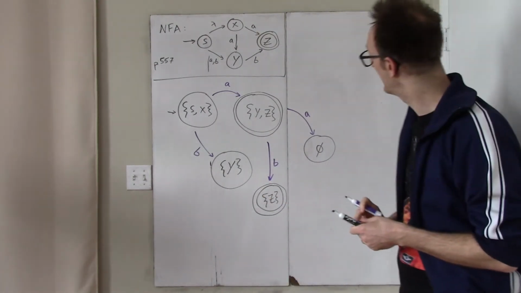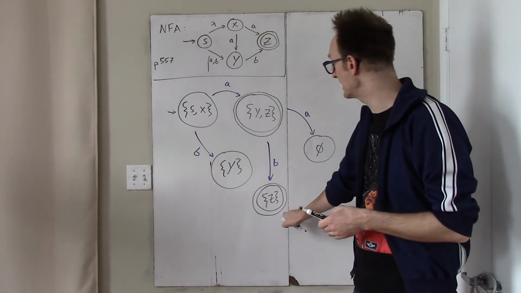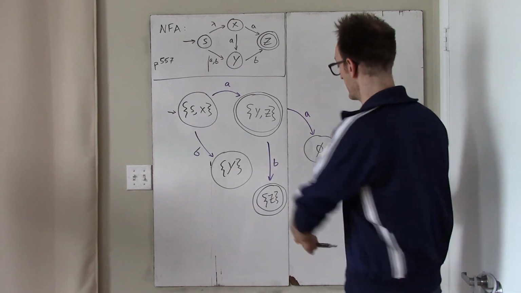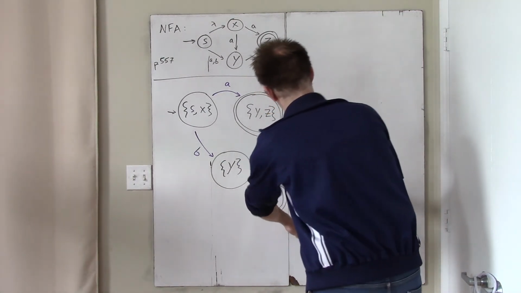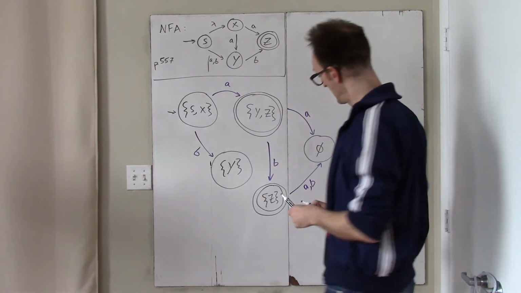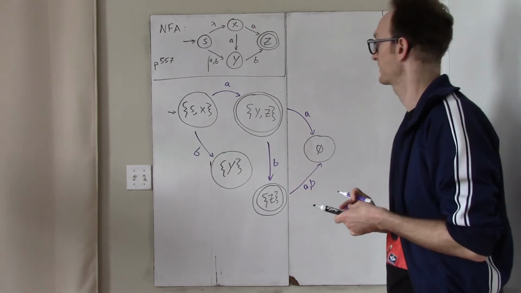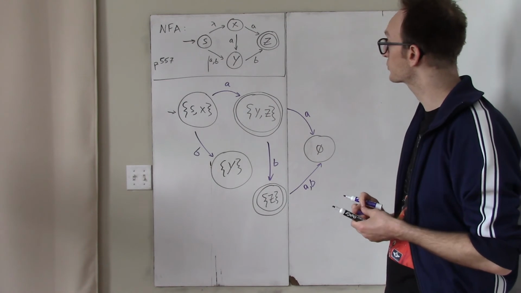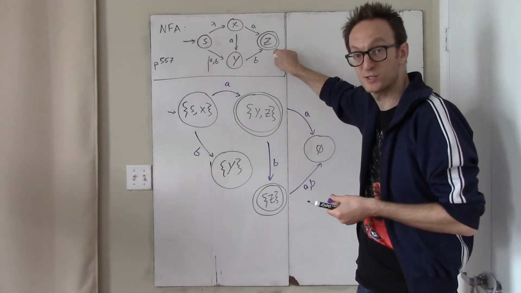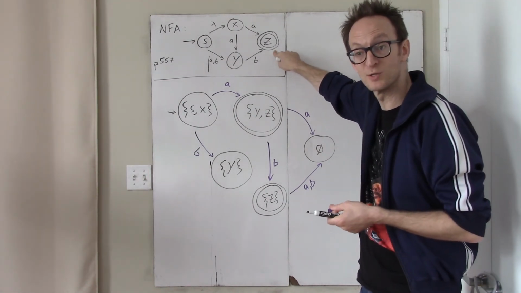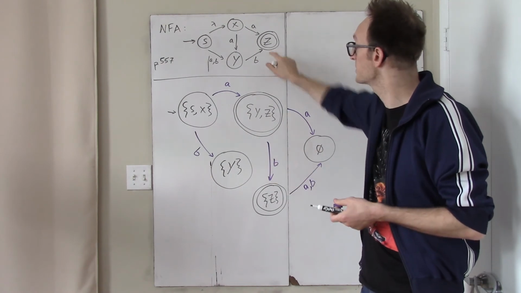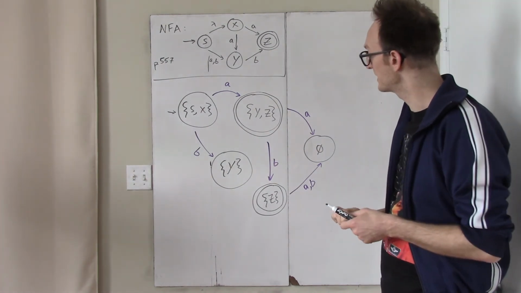But what about now Z? If I'm in Z and I read anything, I'm going to go to the empty set state, the garbage state, as I called it in a previous video, or the black hole state, as Gossett calls it. Any string entering state Z with characters left is going to eventually die because there are no rules for what to do when you are in Z with characters left to read.